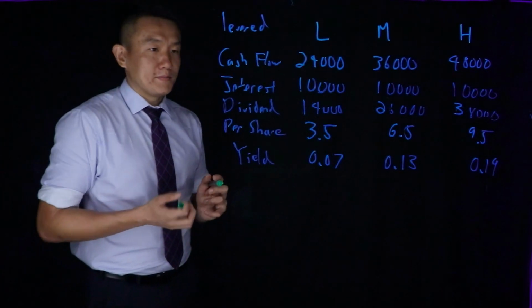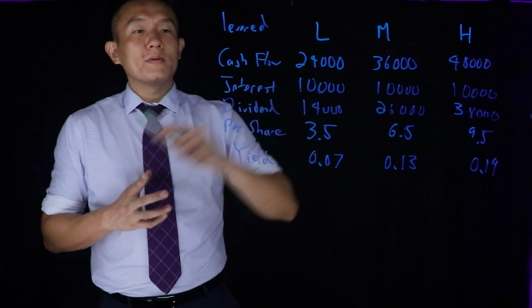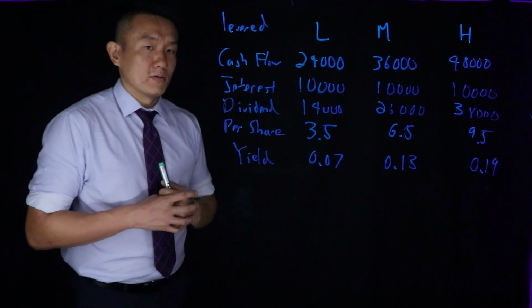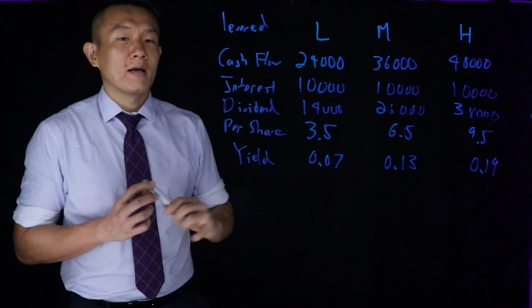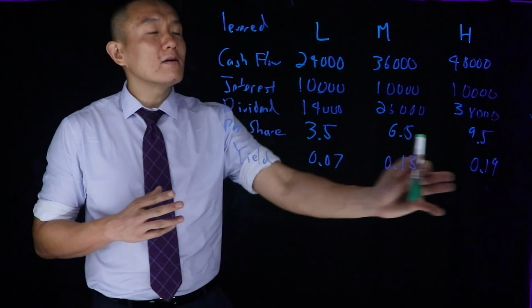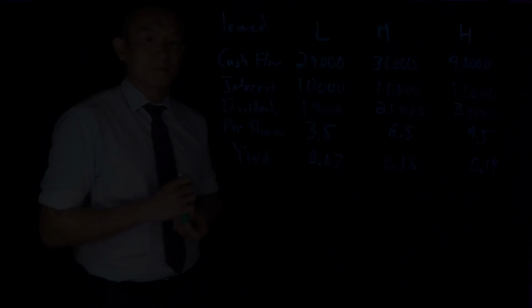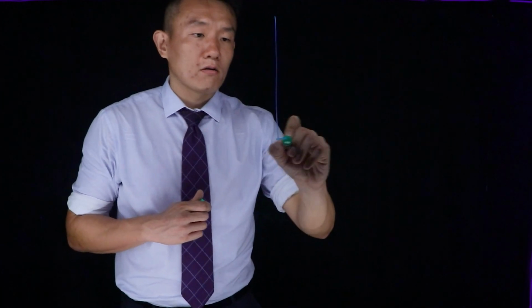So what do we see here? We see here that assuming the same distribution of cash flows, the levered firm has a higher yield on average, but its yield is also riskier, which is exactly like we would expect. So we've actually seen before how leverage can increase volatility.